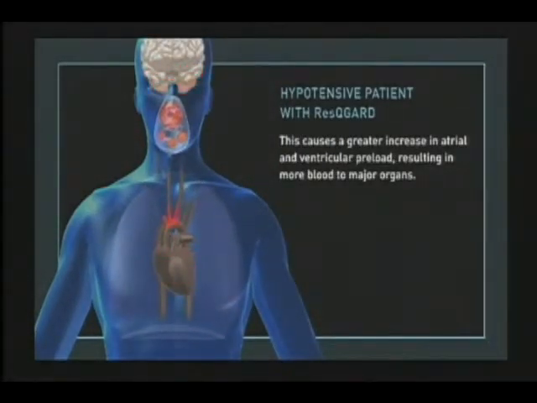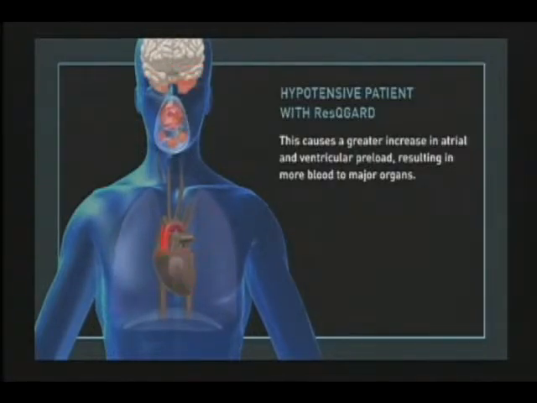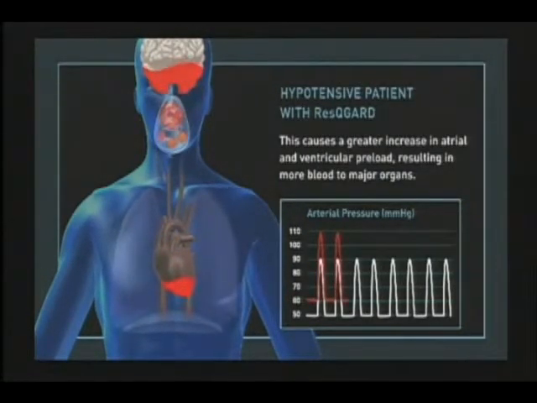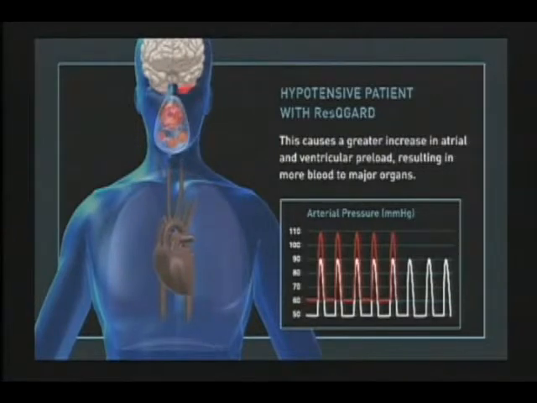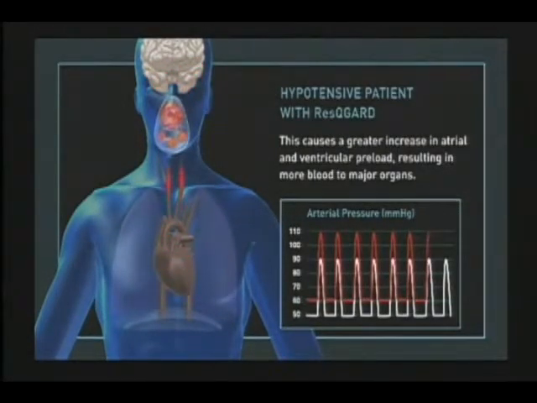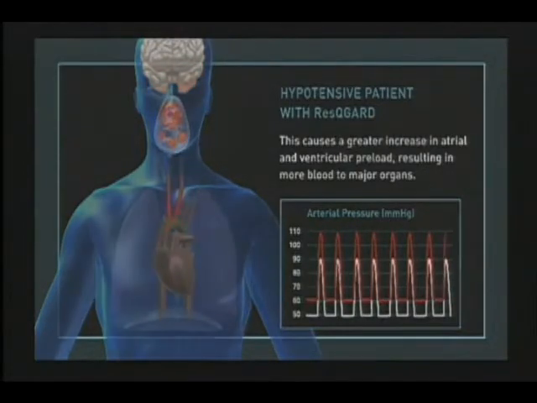This enhanced vacuum generates greater preload and decreases intracranial pressure even more. As seen on the waveform, this increase in preload raises the patient's blood pressure, resulting in improved blood flow to vital organs. The ResQguard harnesses the relationship between circulation and ventilation to non-invasively help the body help itself.